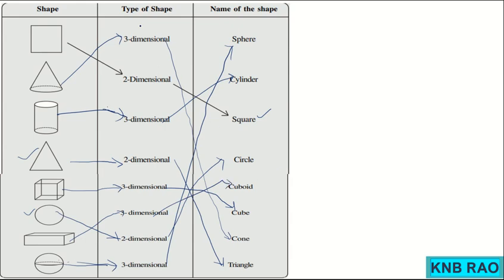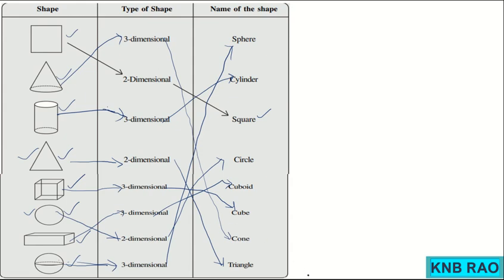So, I could make out 2D square, 3D cone, 3D cylinder, 2D triangle, 3D cube, 2D circle, 3D cuboid, 3D sphere.